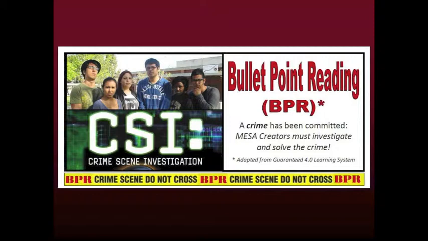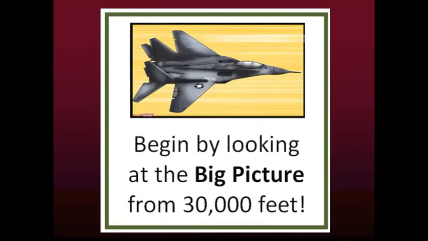Here's an exciting way to approach BPR. It is called CSI BPR. Like in the show Crime Scene Investigation, a crime has been committed, and it is up to you to solve it. As an investigator, you cannot begin solving the crime at ground level, where there is too much information to confuse you.